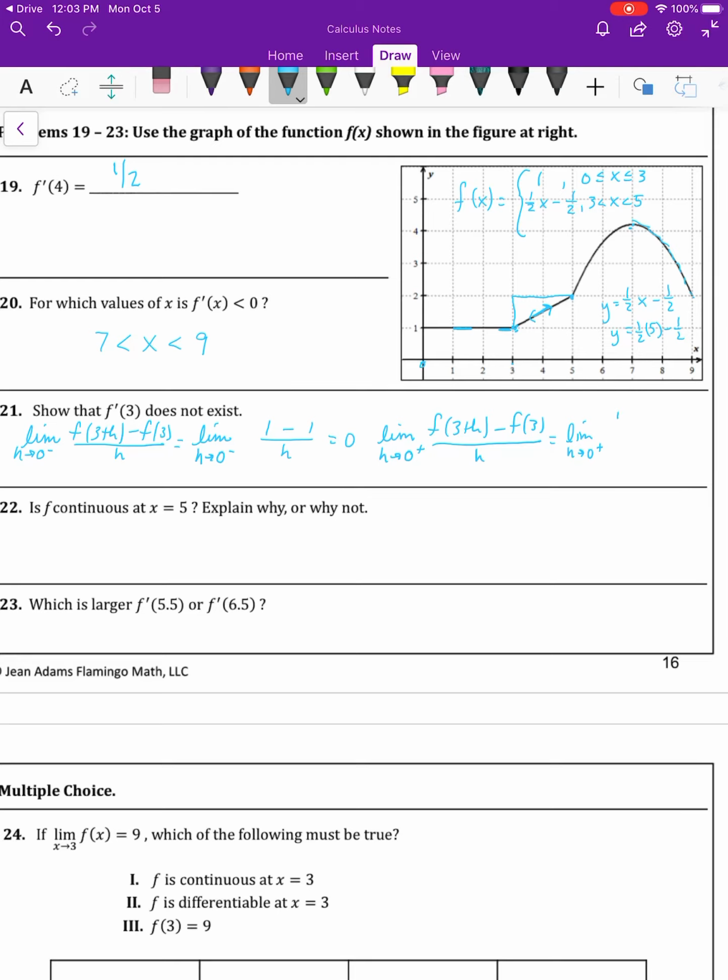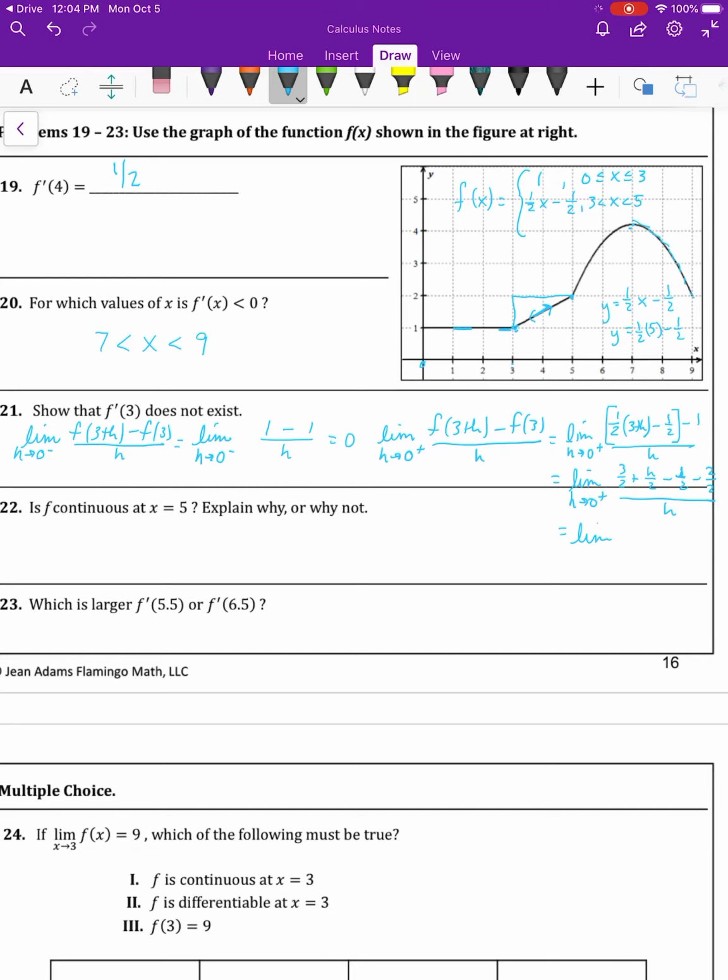So this is going to be 1/2 times 3 plus h minus 1/2, and then minus f of 3. Well, f of 3 is 1. So we've got 3/2 plus 1/2 h, or h over 2, minus 1/2 minus, if you want to, you can make it 2/2.